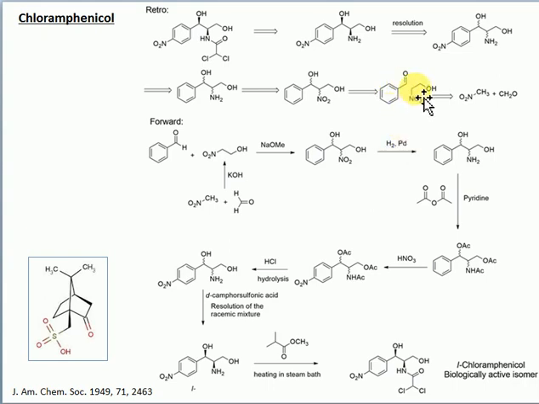So you generate here an anion which will attack the aldehyde to give the alcohol, and this 1,2-nitroalcohol can be obtained from nitromethane treated with formaldehyde in presence of a base.